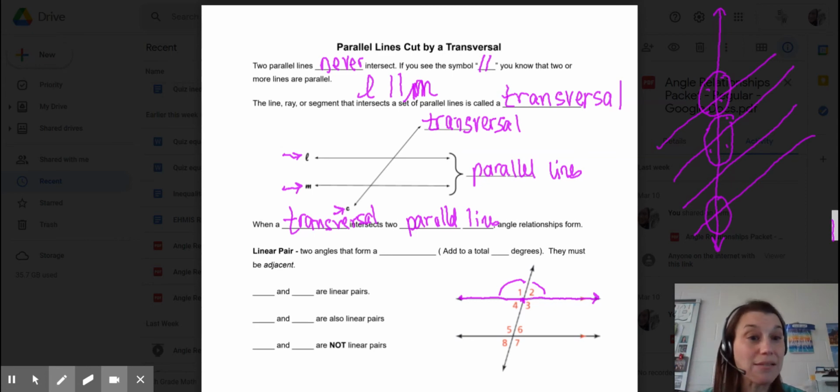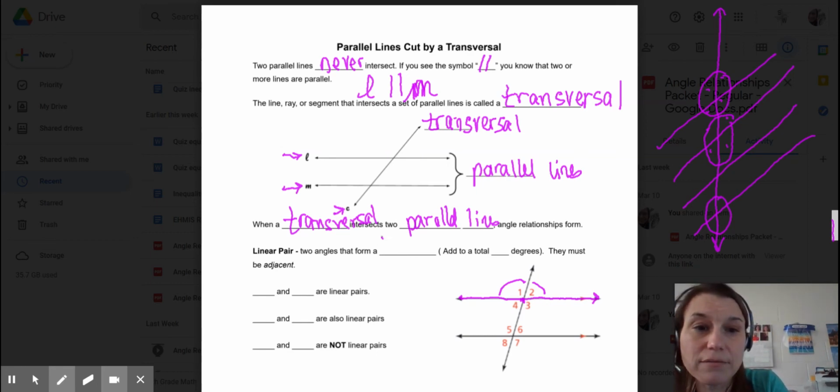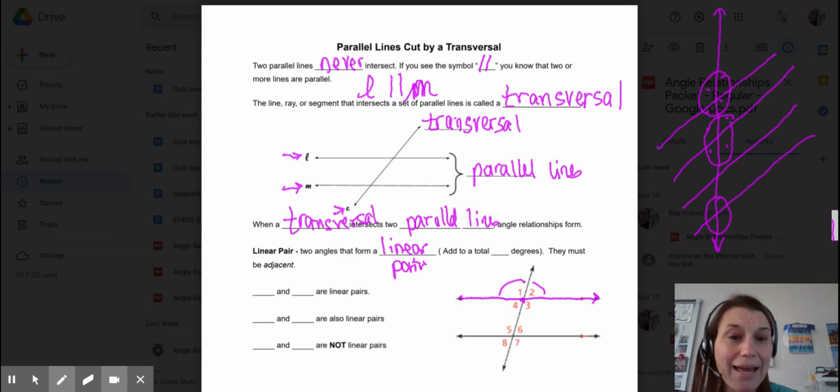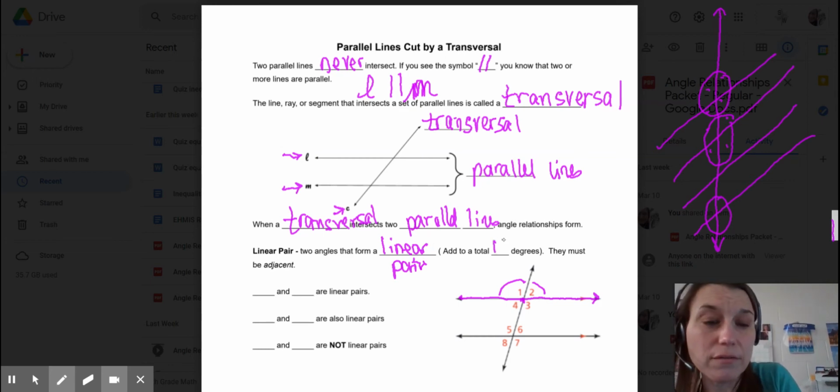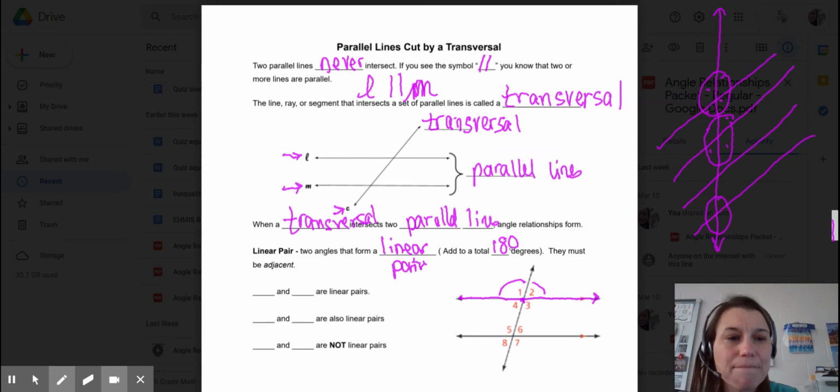So that makes them supplementary. So two angles that form a linear pair add to a total of 180 degrees.